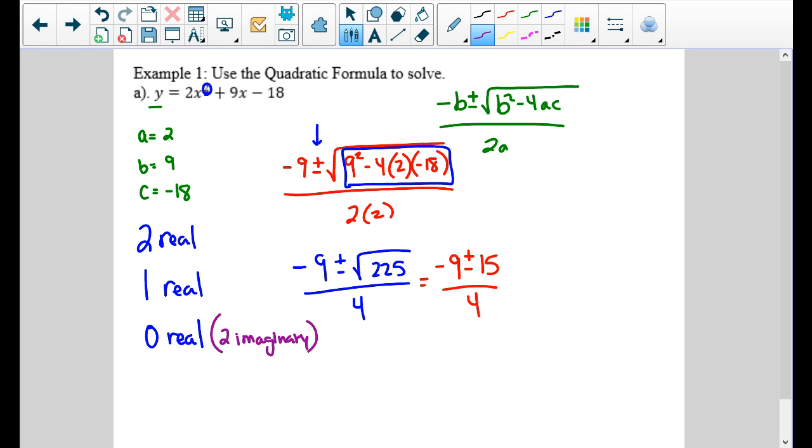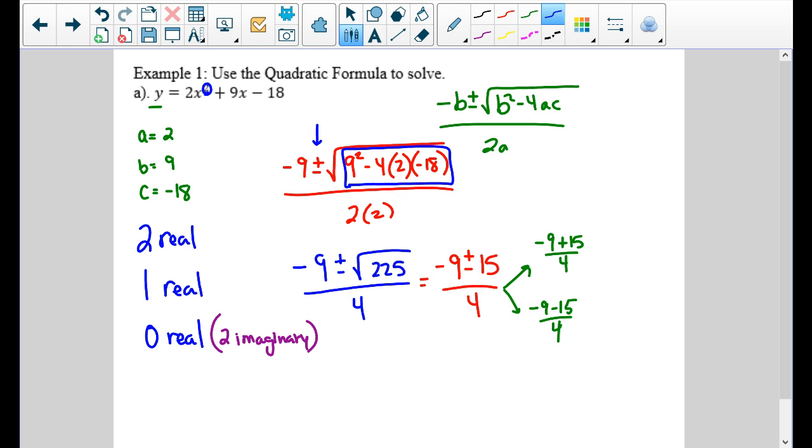So in this case, we're going to have 2 because this gets split once I get to 3 sets of numbers. So number plus minus a number all over another number. I can now split this up. So now I have negative 9 plus 15 divided by 4 and negative 9 minus 15 divided by 4. And I can simplify each part.